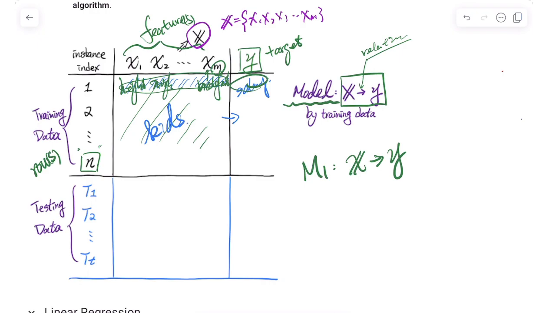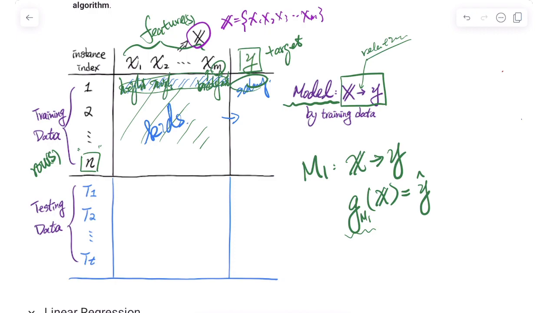So we can use a mathematical function, which is g, in model 1. We input the features as the parameter of this function, and it will output a value. But we put a hat on it because it depends on how good your g function is.